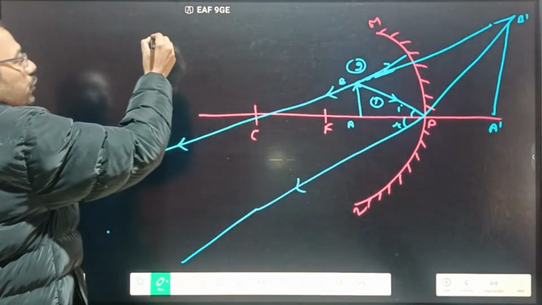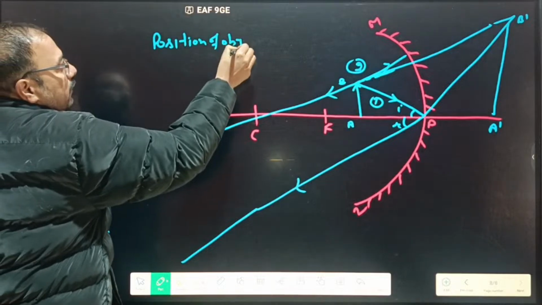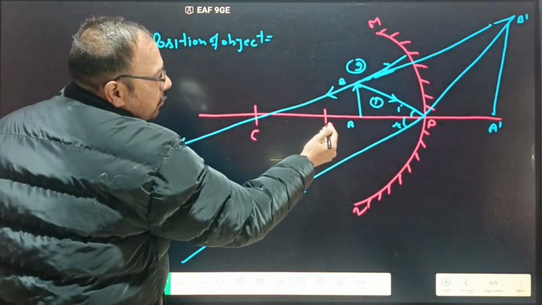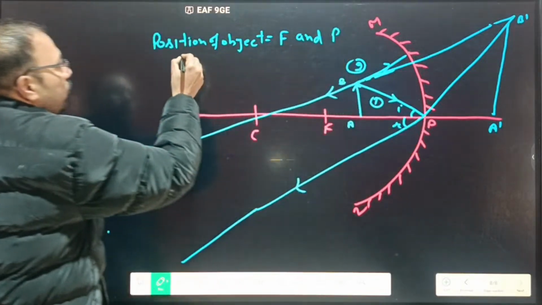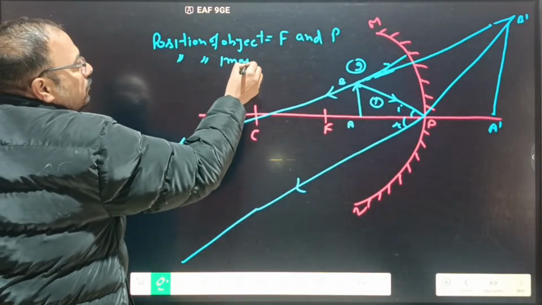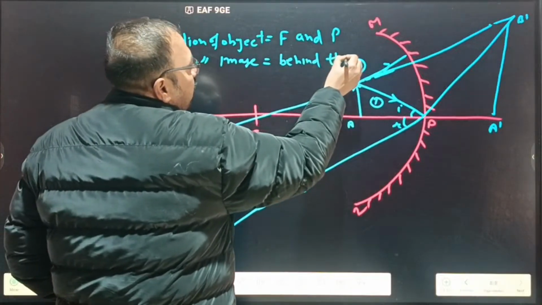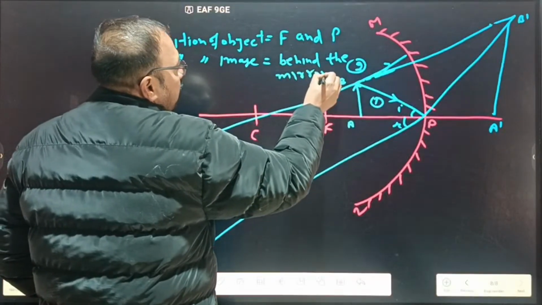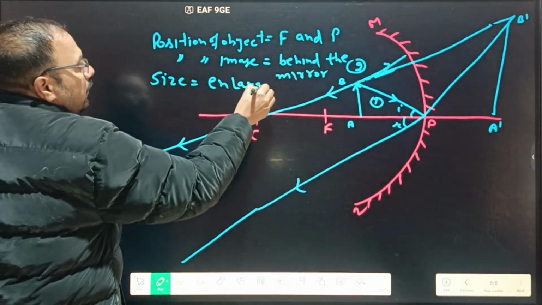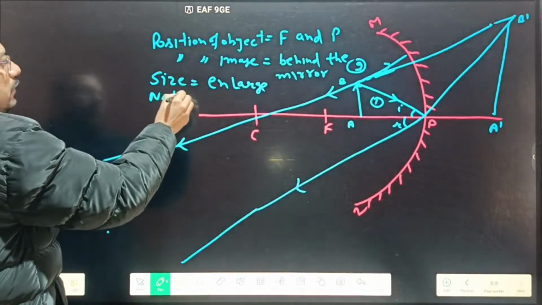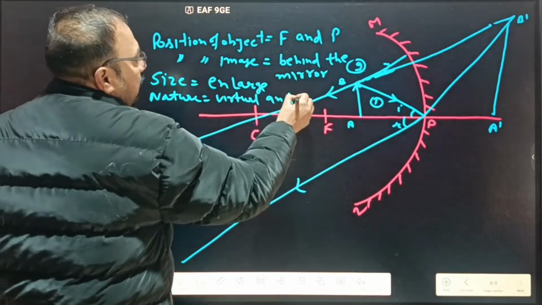So here we can say position of object is between focus and pole, F and P. Position of image is behind the mirror, and size enlarged, and what is nature? Nature virtual and erect.